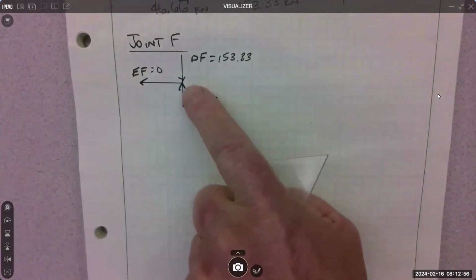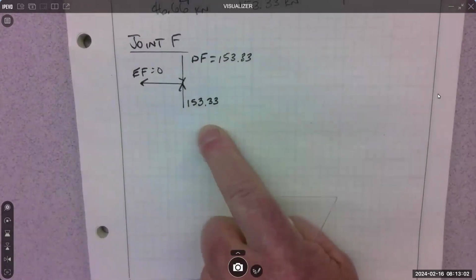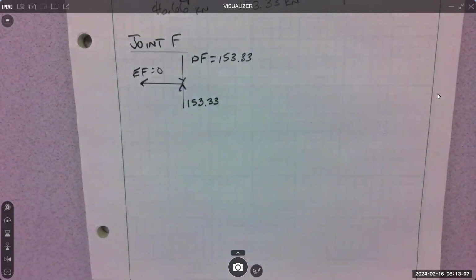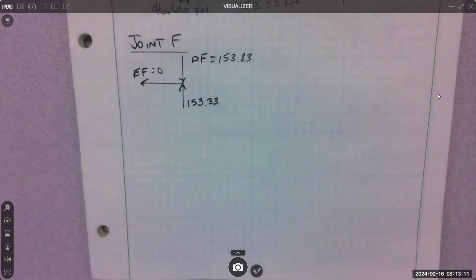Because this joint has to be in equilibrium, all the sum of the forces are equal to 0. We made the Y's equal to 0, set 153 to 153 and pointed them against each other. If there's only a single force in a direction, it's got to be equal to 0. So we look for these clean T's, and they're throughout our truss systems.